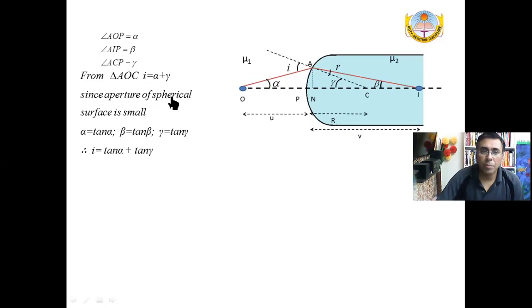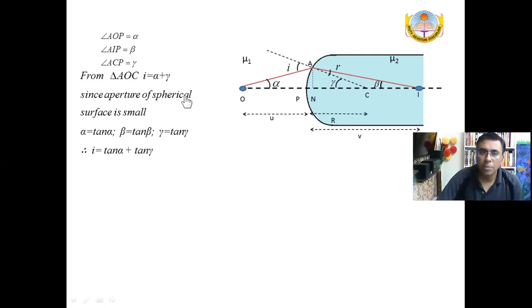Over here, since the aperture of the spherical surface is small, I can write alpha as tan alpha and gamma as tan gamma. In fact, beta can also be written as tan beta, because since the aperture is small, all these angles alpha, beta, and gamma would also be small angles.